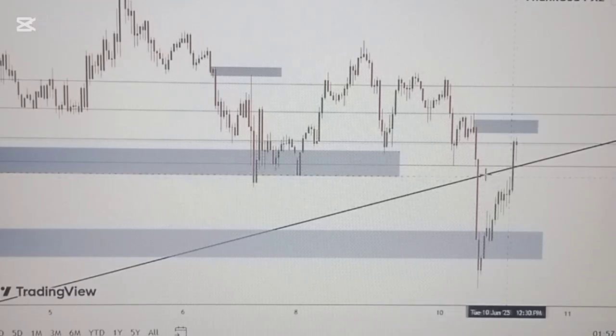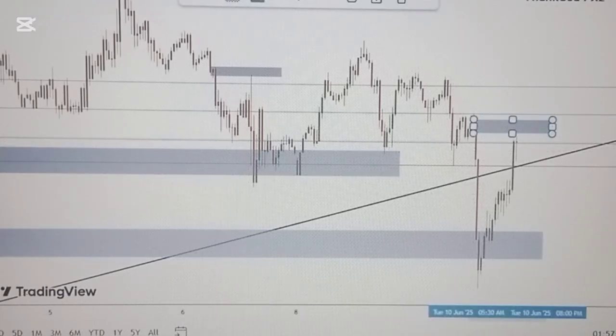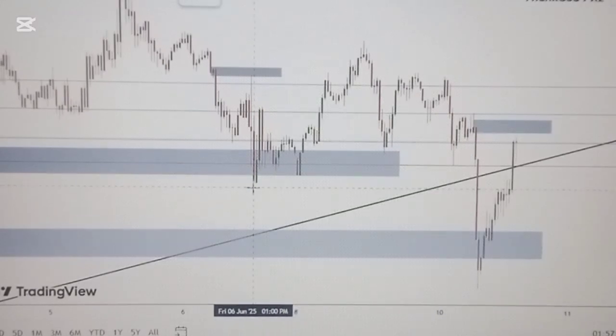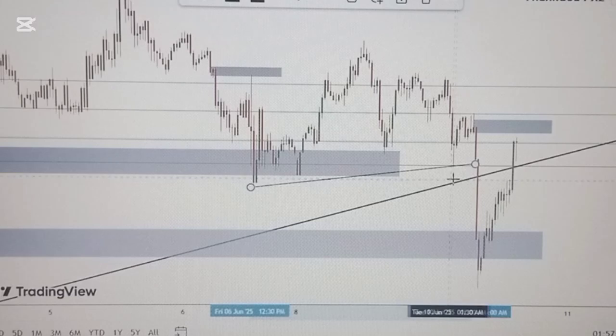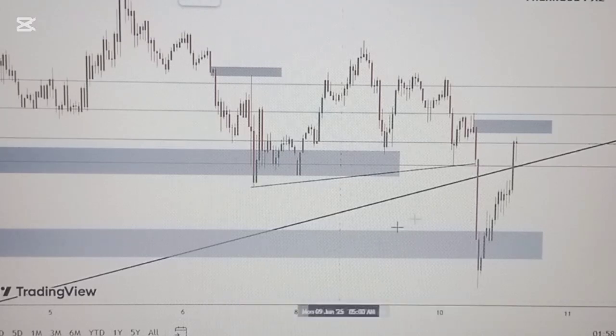You can see that this supply zone right here is the area that broke this structure you are seeing here. Calling this a structure and a liquidity that this market broke, you are seeing we are having a huge imbalance at this angle, which you can see clearly.